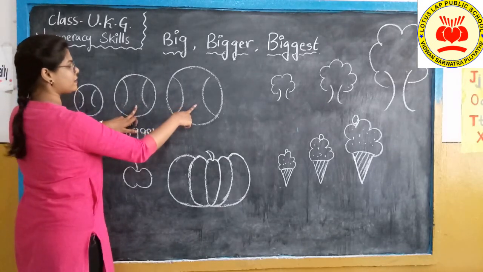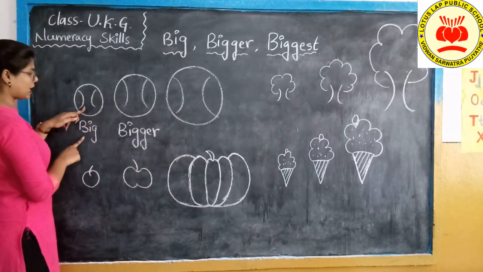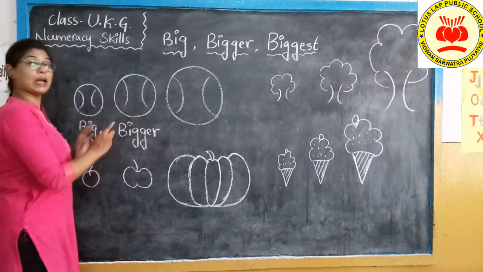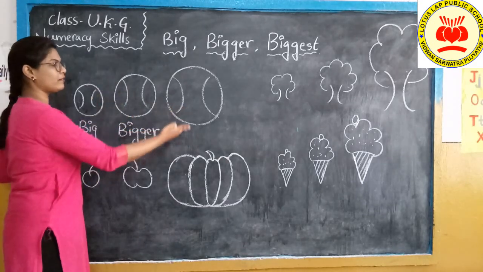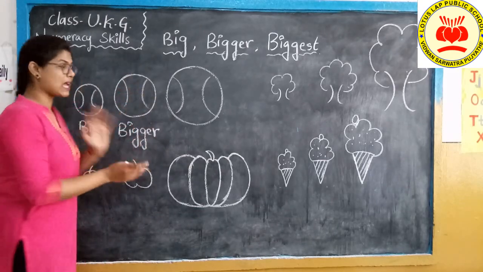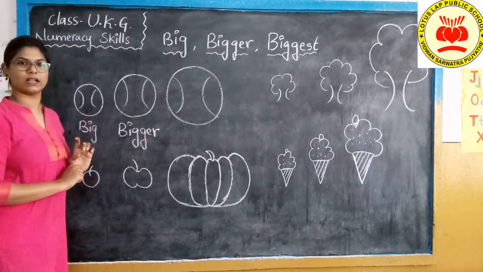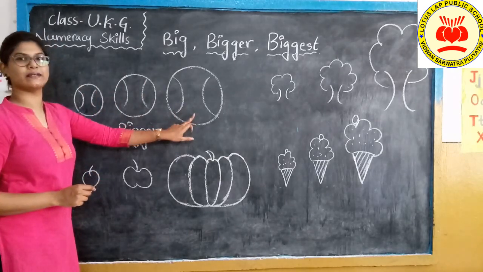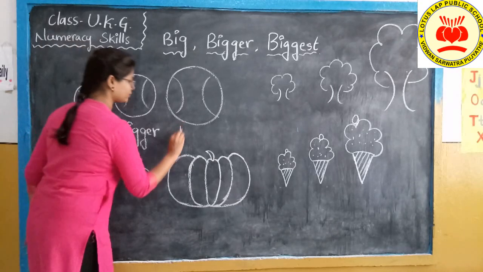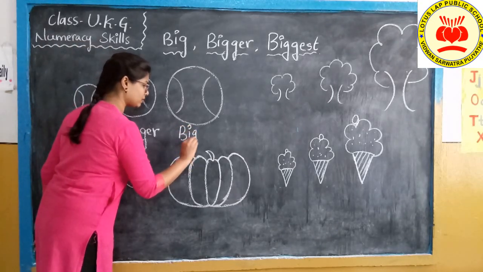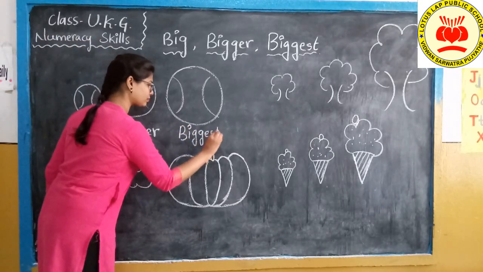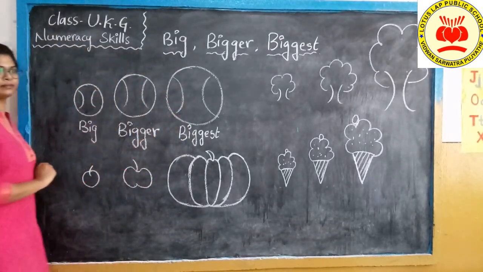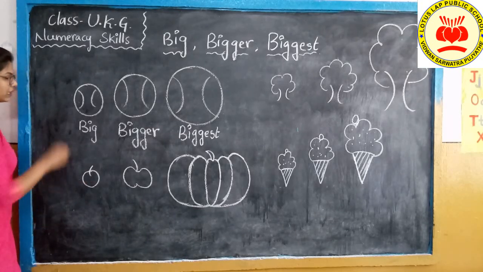I am saying the first ball is big, and obviously the second one becomes bigger than the first one. The third one will be biggest among these three. Here we are comparing all three. This is the biggest one among these three. Big, bigger, biggest.